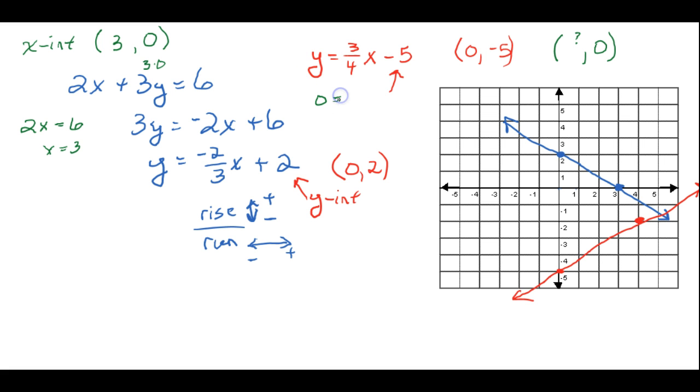So we would have 0 equals 3/4 x minus 5, and we'd have to solve for x. So we'd move the 5 over. We'd have positive 5 equals 3/4 x, and then we would multiply both sides by the reciprocal, 4/3.